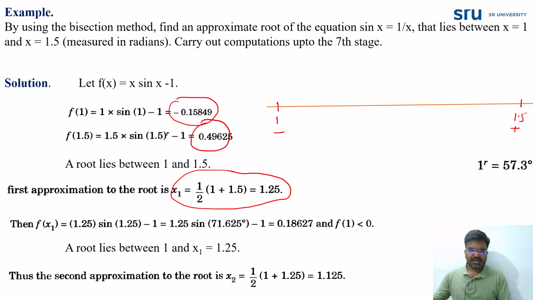Okay. In the next step, we see the nature of the function at x1. The nature of the function at x1 is positive. Okay. So I can mark x1 here. The next approximation of the root lies in between 1 and x1.